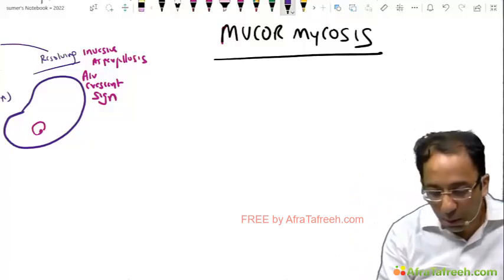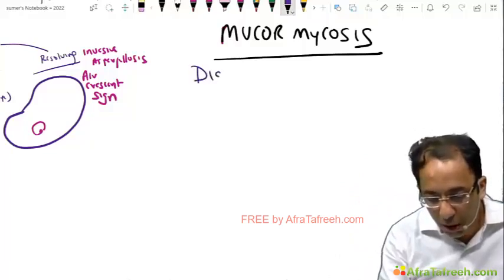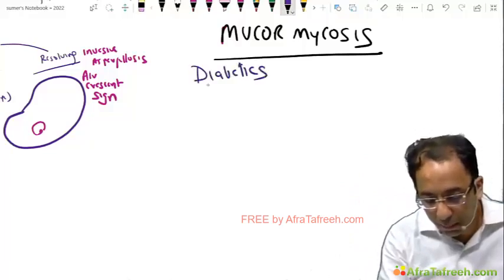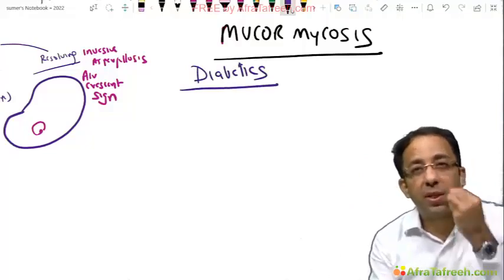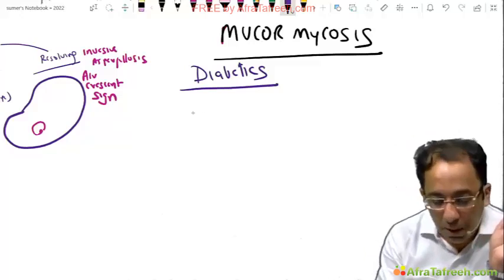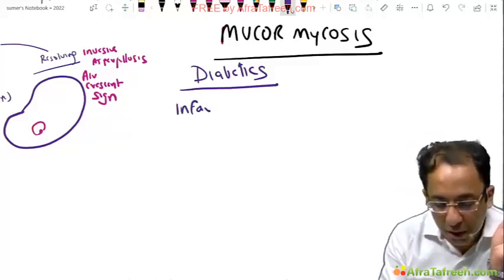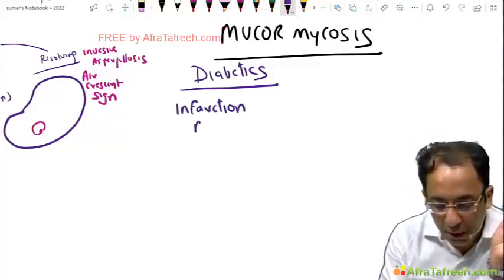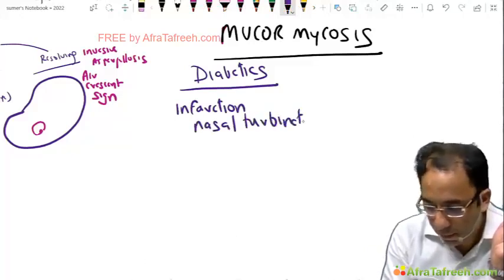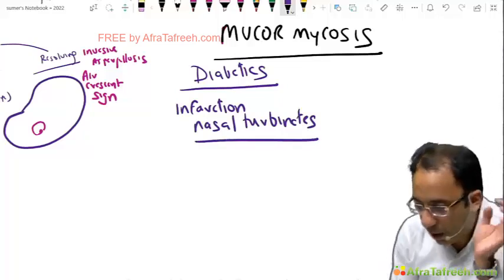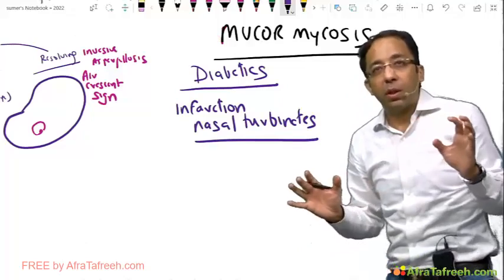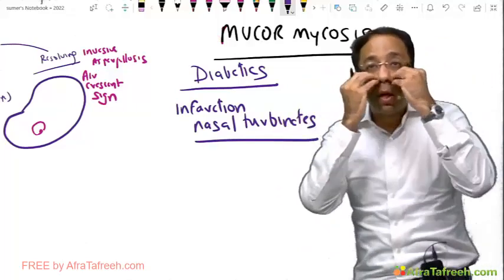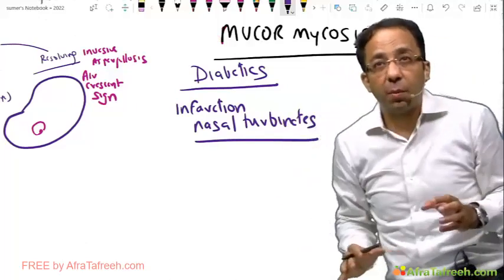You always remember mucormycosis seen in diabetics, typically involves your nose and the sinuses, and the problem is it causes infarction of the nasal turbinates. Okay, infarction of the nasal turbinates. Now try to imagine a fungal infection causing infarction of your nasal turbinate.